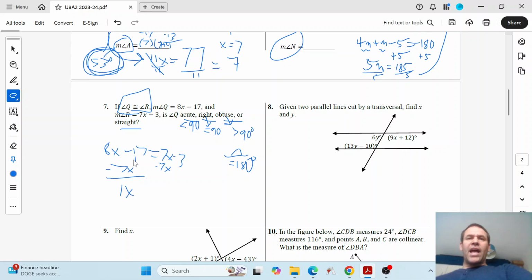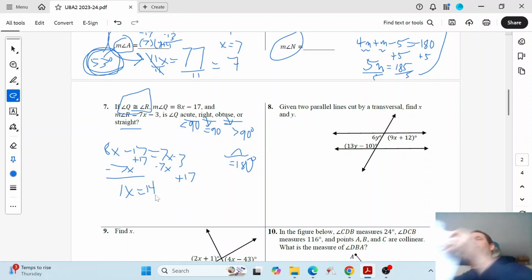And then we'll add 17 over to this side. So 17 minus 3 is 14. So x equals 14. That doesn't say what the angle is, though. So x equals 14.